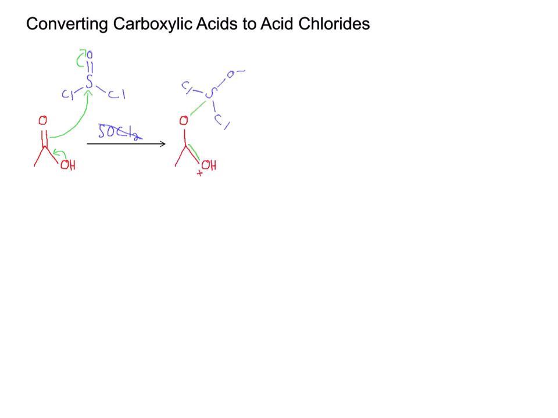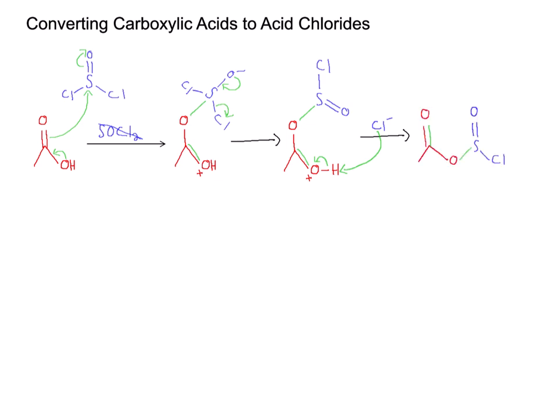In the next step, and this should look very familiar, the lone pair that we just sent up to that oxygen is going to come back down, reform the double bond, and kick off one of these chlorines. The intermediate that's formed is going to be deprotonated by the chloride anion. And if we rotate the product from this step, we're going to see something very familiar.